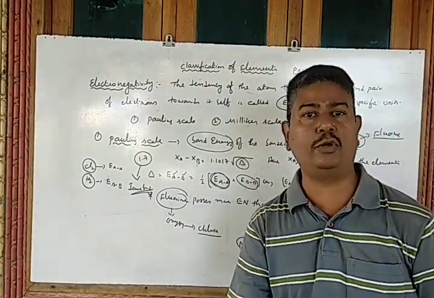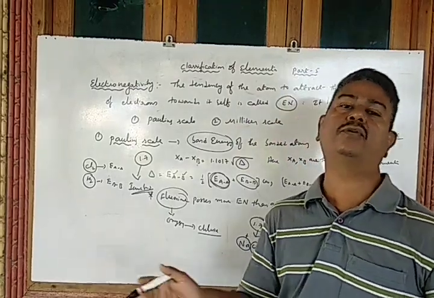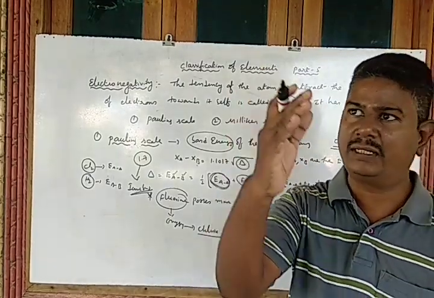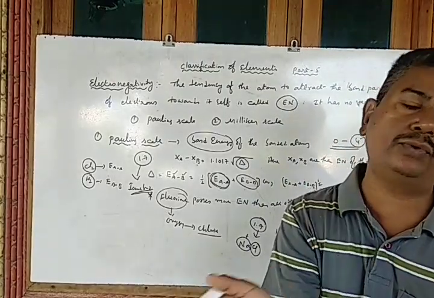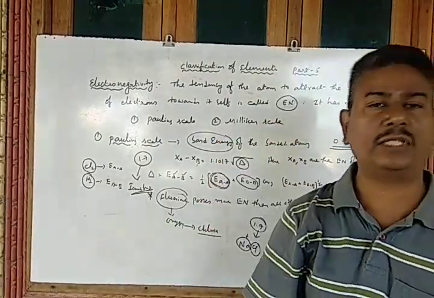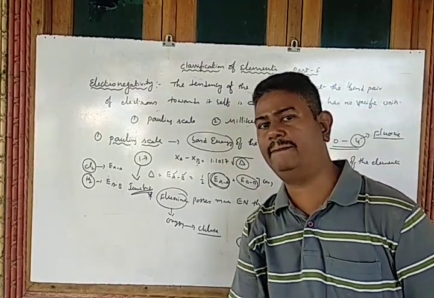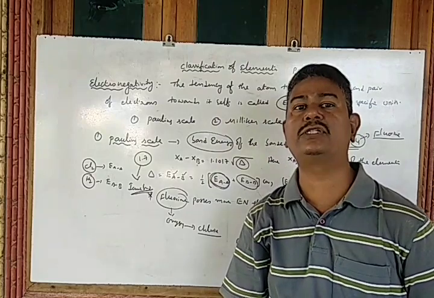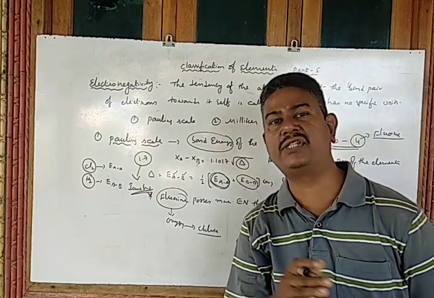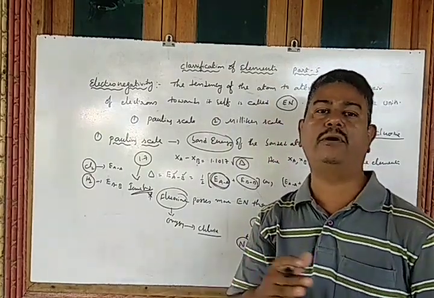If it is less than 0.8, the bond is said to be covalent. This classification depends on the electronegativity differences between the two bonded atoms. Finally, depending on electronegativity values, we can distinguish the bond polarity and bond nature.